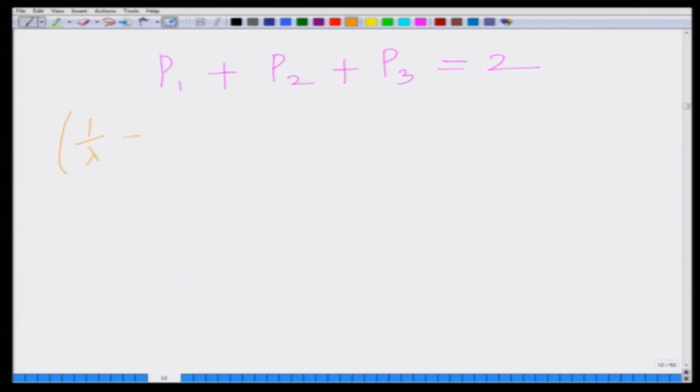If I now substitute for P1, P2, P3, I have 1 over lambda minus sigma square by 52, remember P1 equals 1 over lambda minus sigma square by 52, but sigma square is 1, plus 1 over lambda minus sigma square by 13, but sigma square is 1, plus 1 over lambda minus sigma square by 4, but sigma square equals 1, equals the total power, which is 2.